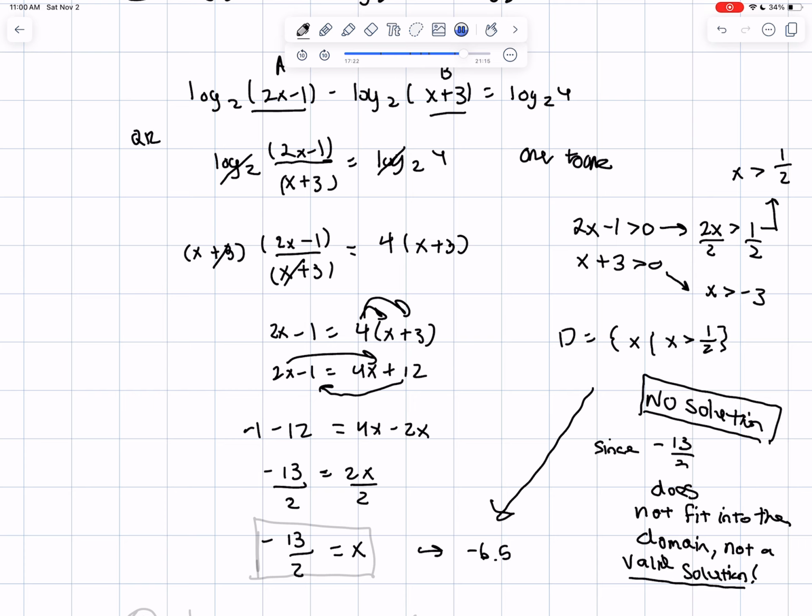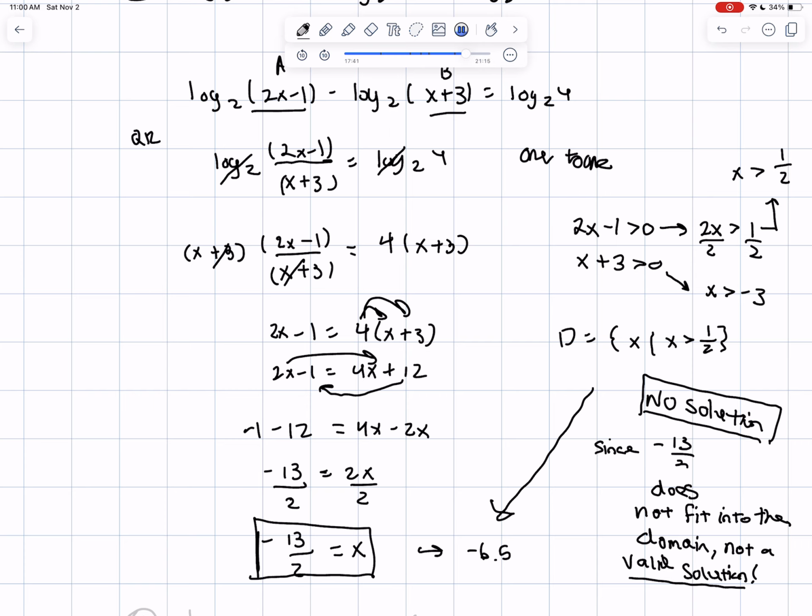But most of your problems will be similar to what we did in the last one, where the domain is a lot clearer. But since our value at the end was negative 13 over 2, it makes it a little bit more difficult to figure out what the domain is.